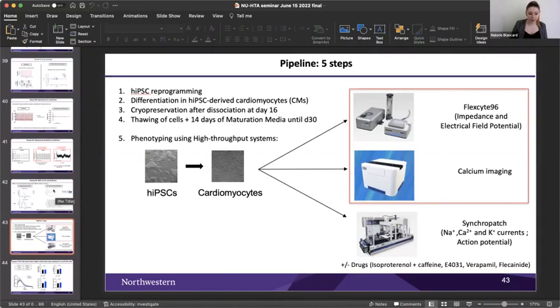What I showed for the calcium transient was from this, and the electrical field potential and the impedance were from the Flexcyte that is available in the core. Where physically is the core then, where the calcium imaging apparatus is? This one isn't available in the core, only the Flexcyte. It is in the pharmacology department on the 8th floor.